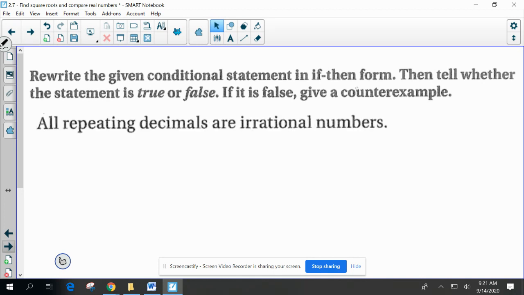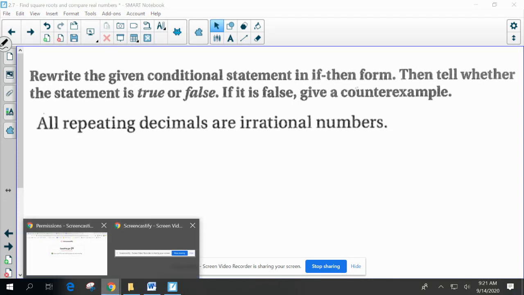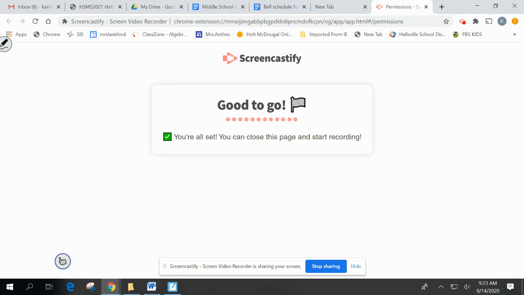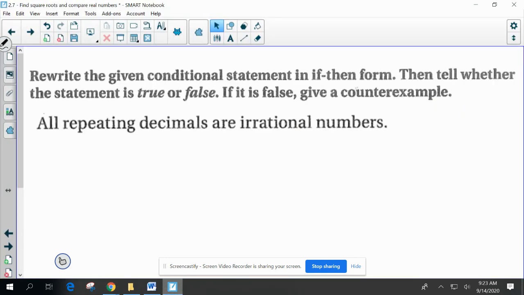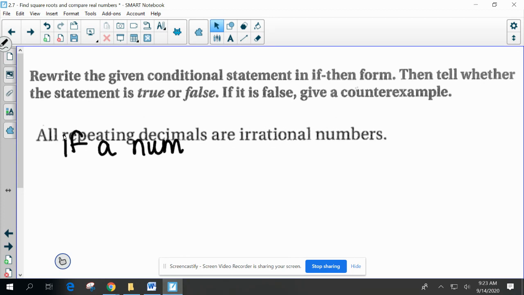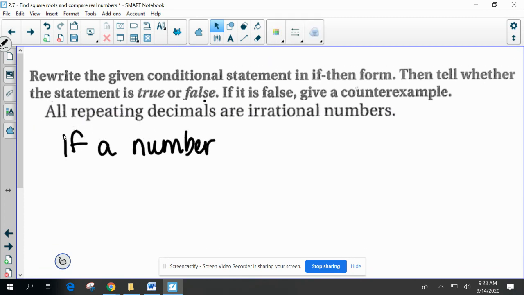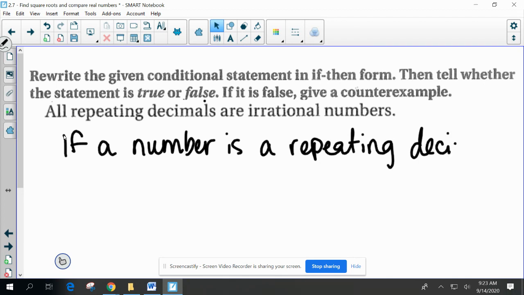Okay, I want you guys to try this one. So create the statement and then you'll say true or false. And if it is false, that means that. Okay, so I put down if a number is a repeating decimal, then it is irrational.